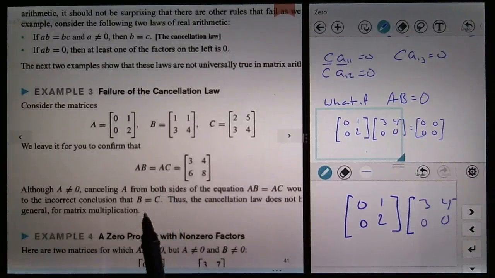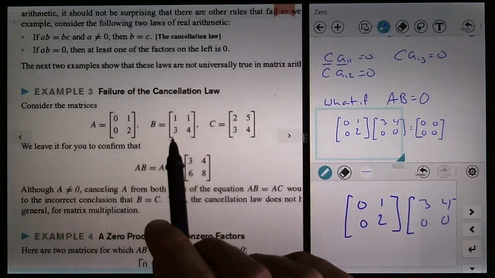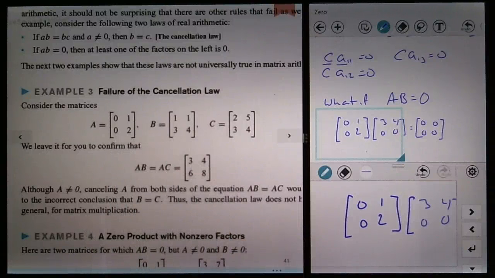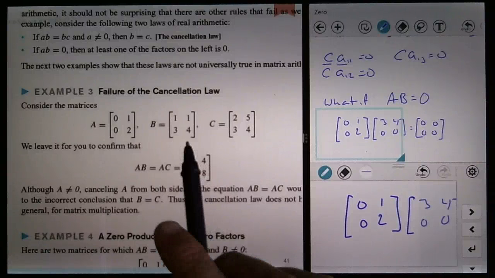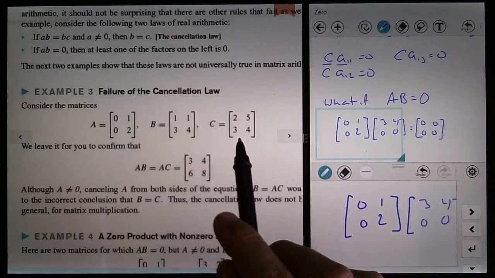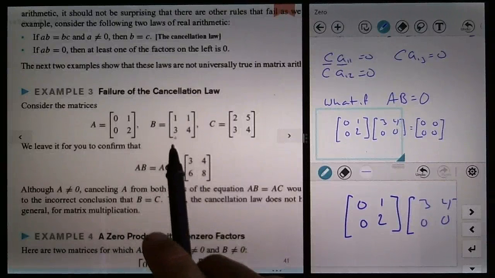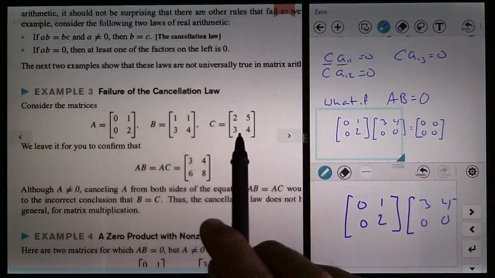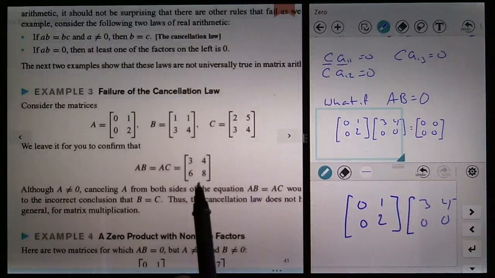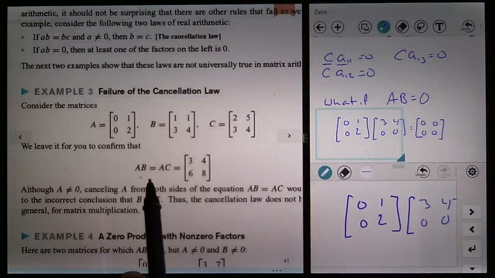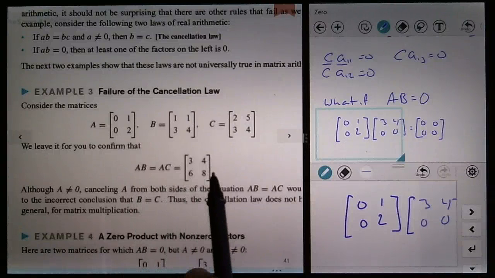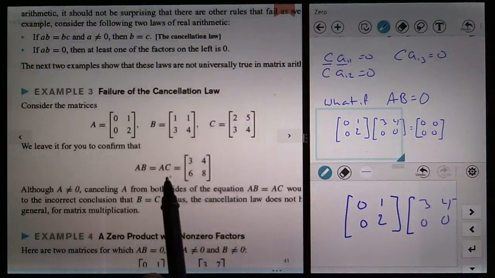Now with matrices, it's not the case. Here's, for instance, 3 matrices that are definitely not 0 matrices, and B is definitely not equal to C. But if you try it, A times B is equal to this matrix, and A times C is equal to this matrix. So this equation does not imply that B equals C.